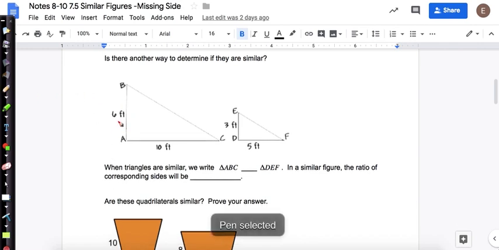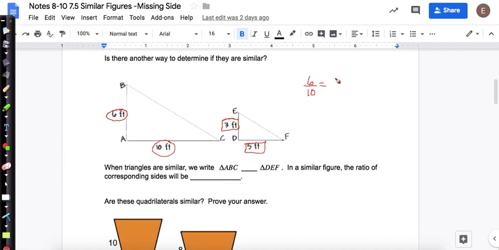So look here. This is the same picture we had above, but watch. Now I'm going to do side over bottom, so 6/10 equals, I'm going to box this in, 3/5.